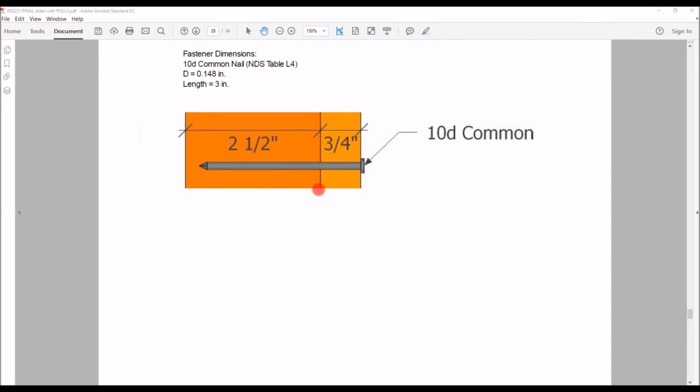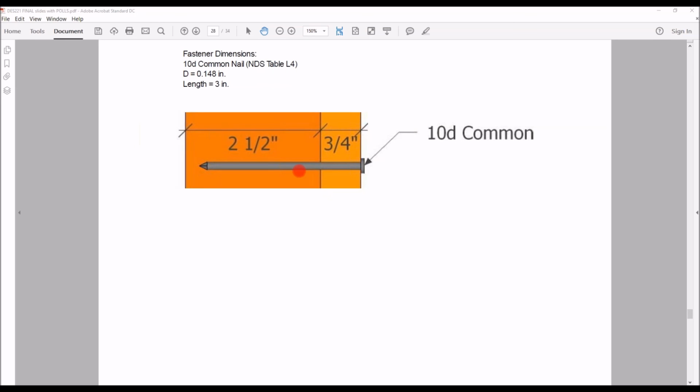This is our shear plane here. A double shear connection would be, for example, if we had another member on the other side here that was kind of sandwiching this. So in that sandwich analogy, the main member is in the middle and you have the two side members on the outside.